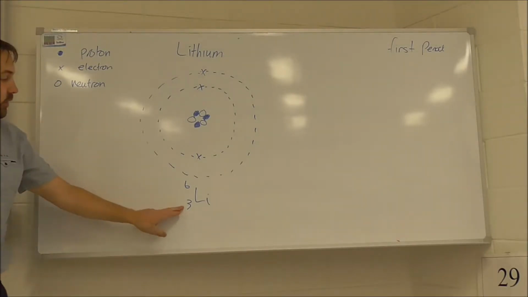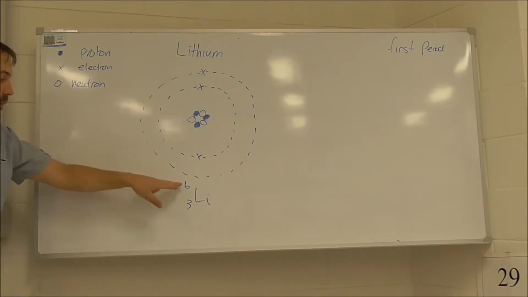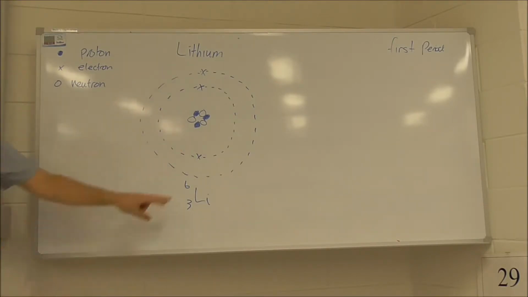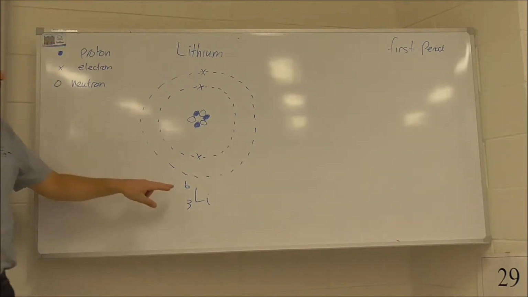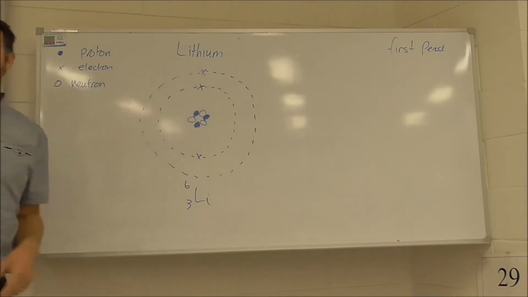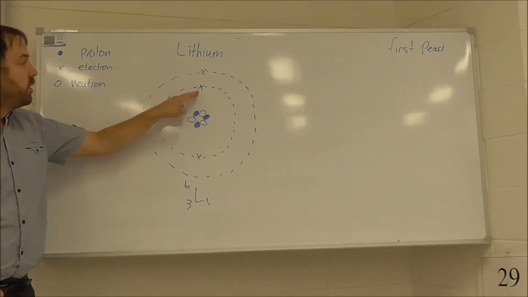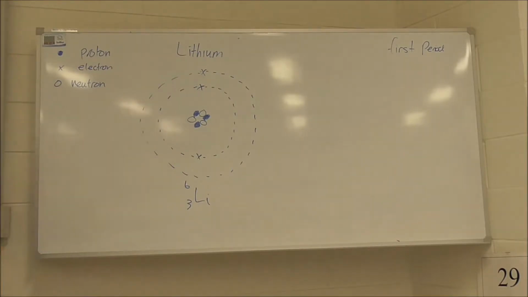All lithium atoms have 3 protons, but this particular atom has 3 neutrons, so there are 6 nucleons. And it's neutrally charged, so it's got 3 electrons to balance the 3 protons. For that to happen, we need 2 in that first shell, and then a second shell to contain the 3rd electron.